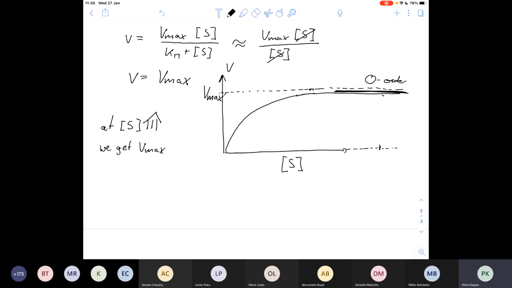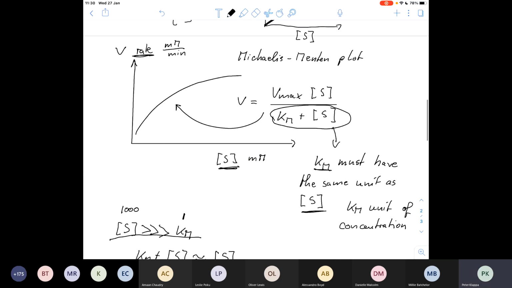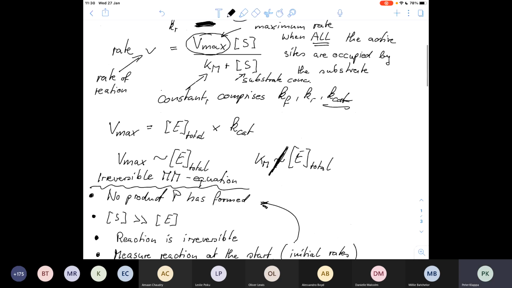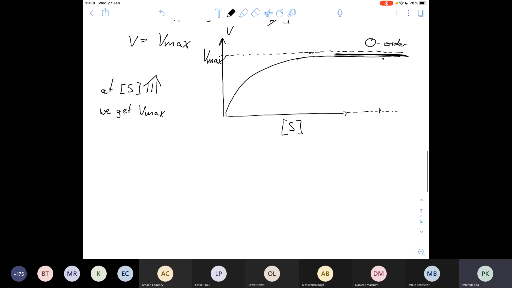And if you think about what I told you earlier, we get Vmax when all the active sites are occupied by the substrate. When do we get this? When we have lots and lots of substrate present. So when the substrate concentration is very, very high, we get Vmax.